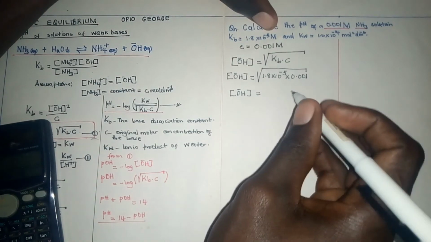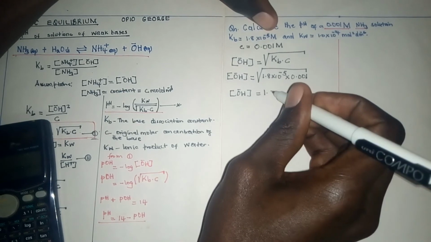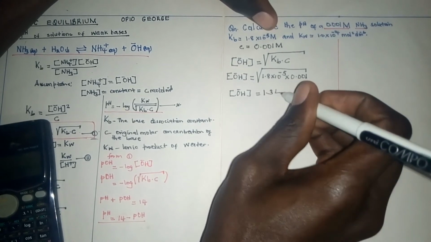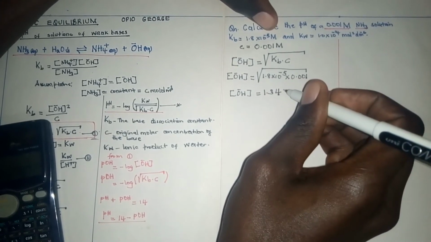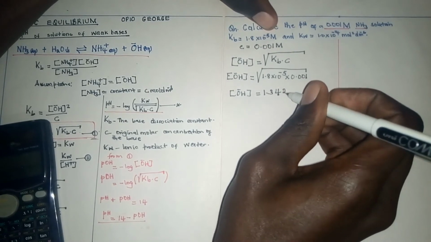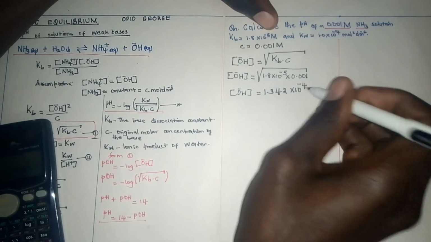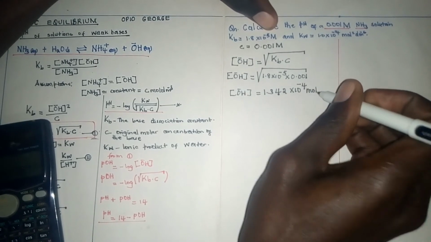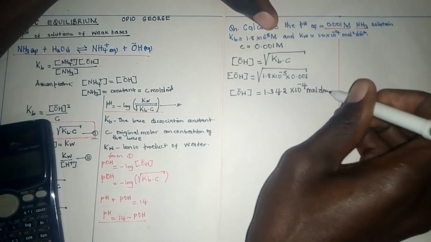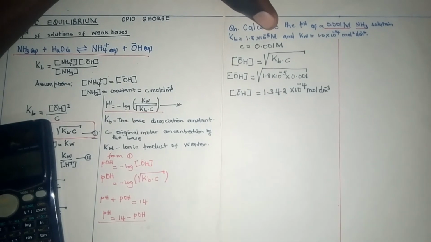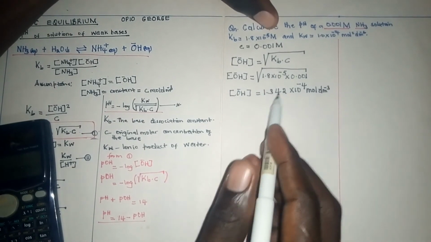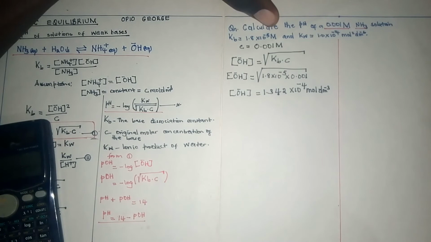This gives us 1.3416, which is 2 exponent negative 4 moles per decimeter cubed.